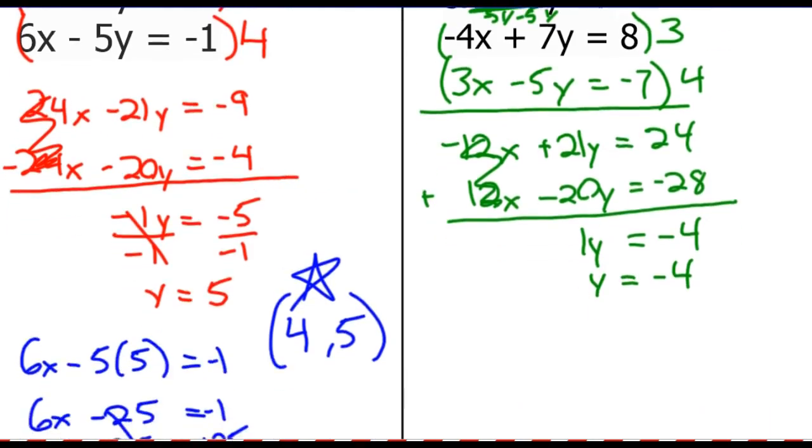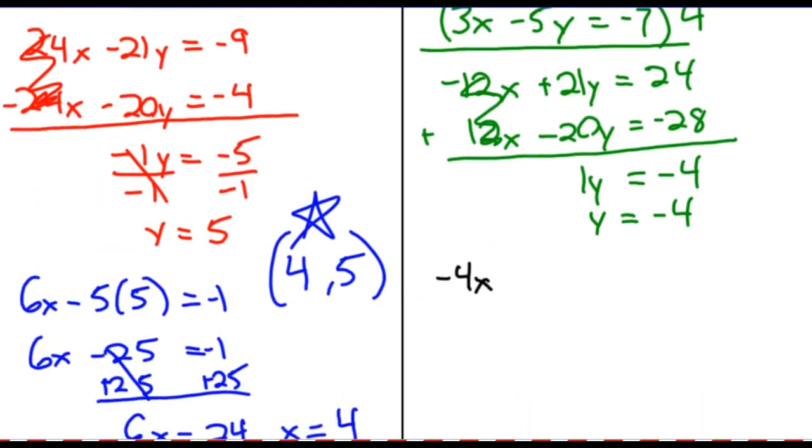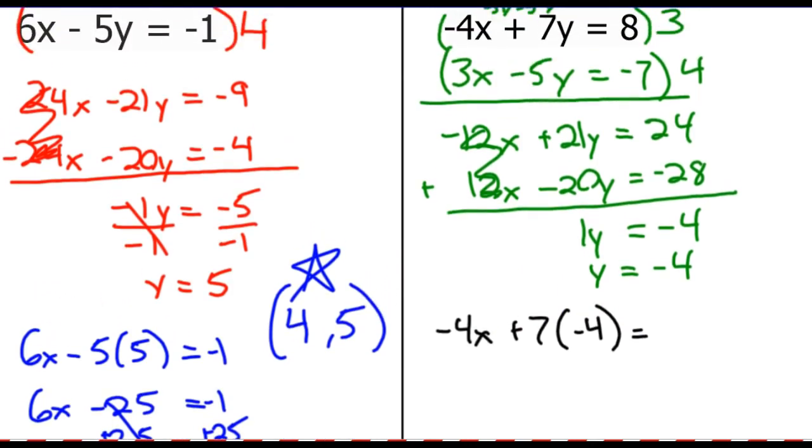Now if we take that negative 4 and plug it back in, we could have negative 4x plus 7 times a negative 4 equals 8. So negative 4x minus 28 equals 8.